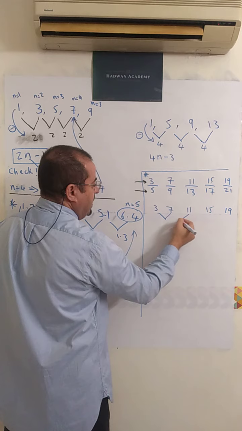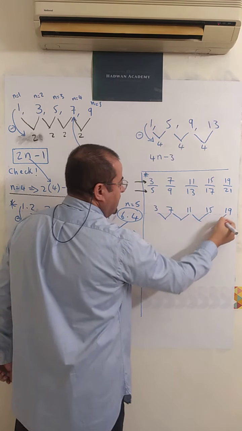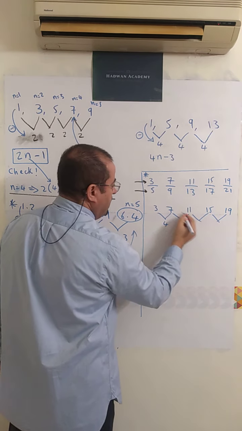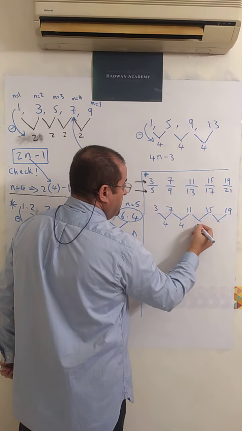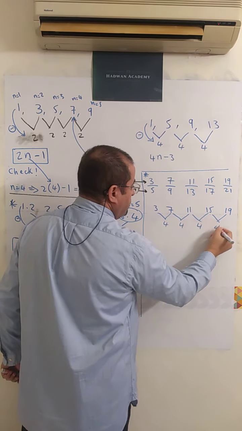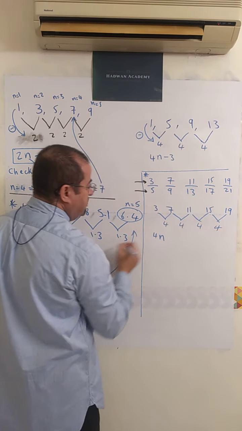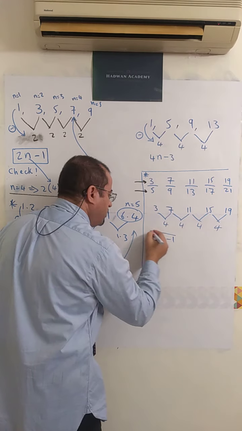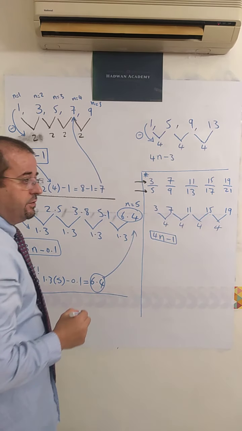Then I find the nth term, which is very easy, as we said here. 7 minus 3 is 4, 11 minus 7 is 4, 15 minus 11 is 4. So the nth term is 4n minus 1 for the numerator.